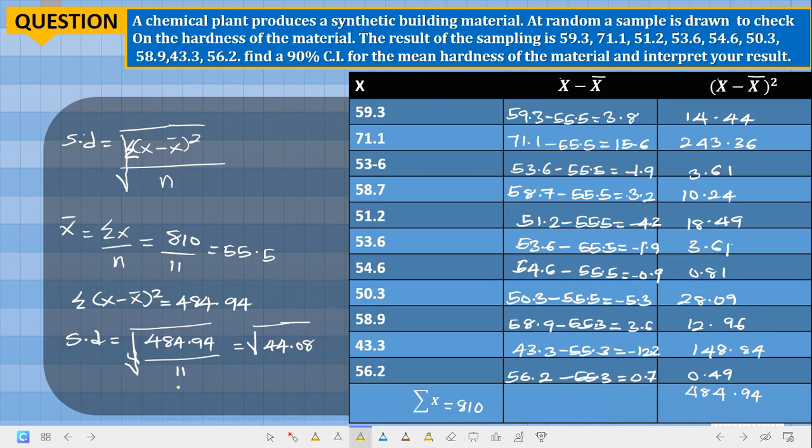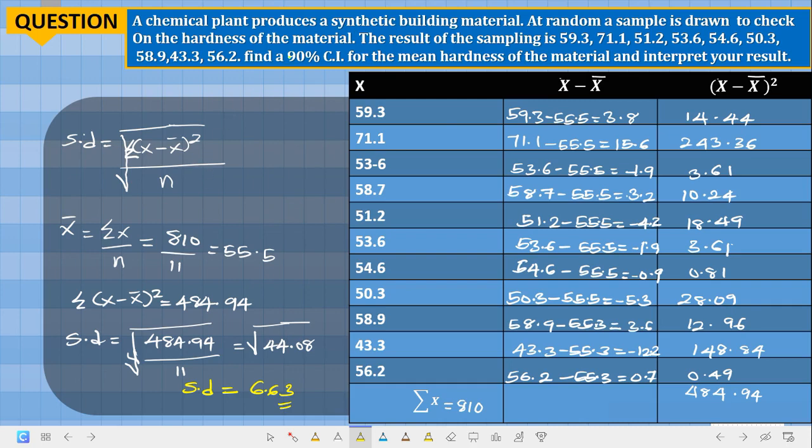So our standard deviation, SD, will be equal to 6.63. That is the standard deviation for the sample that was given to you.